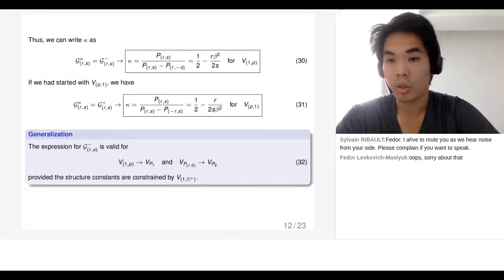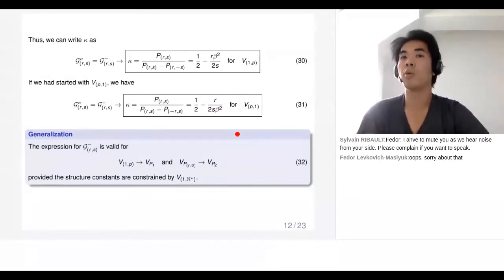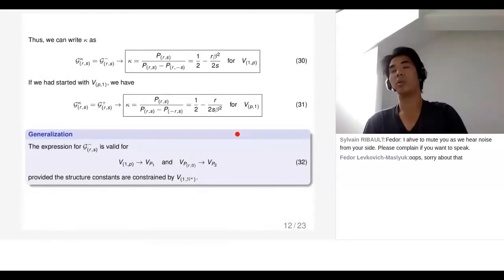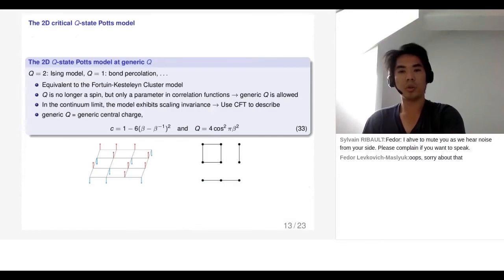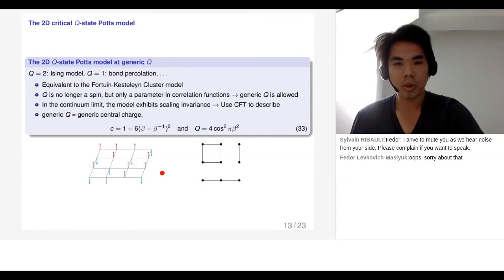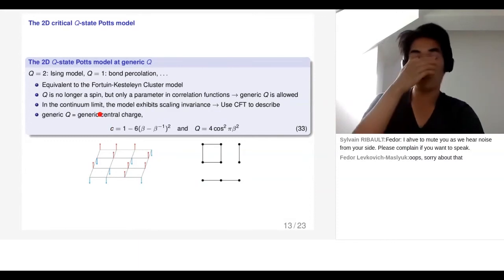And okay, so now I finished this subject of logarithmic conformal blocks. So let us first again go to a very quick review of the Potts model.